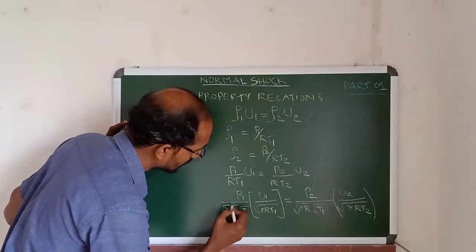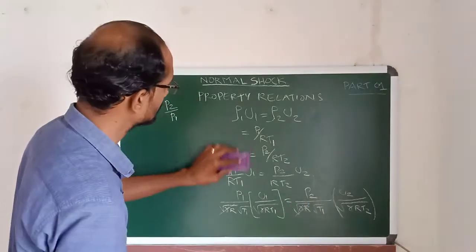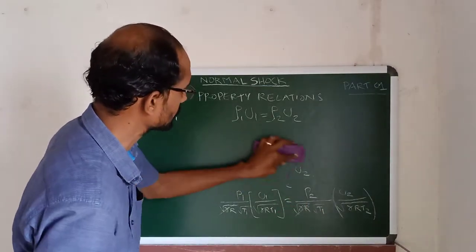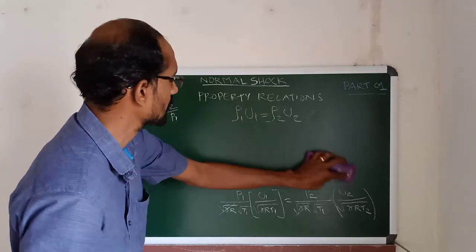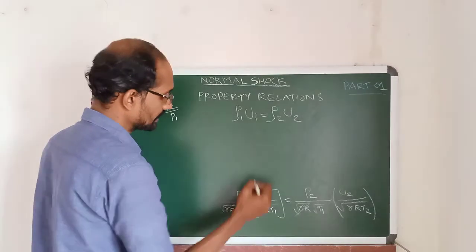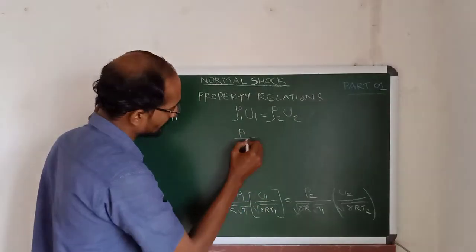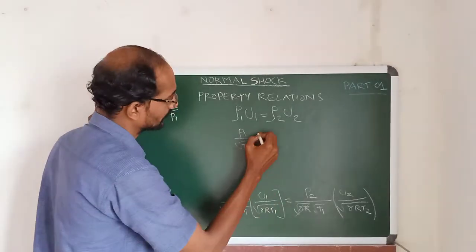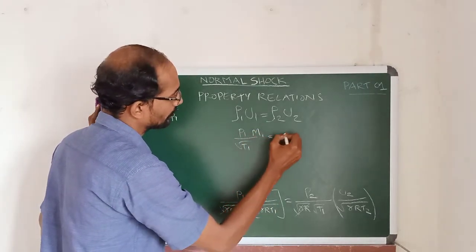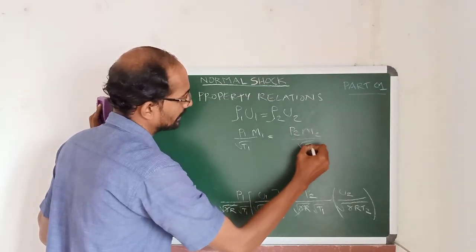I can also simply cancel the common terms. From the continuity equation combined with the perfect gas equation, I can write P1 M1 by root T1 equal to P2 M2 by root T2.